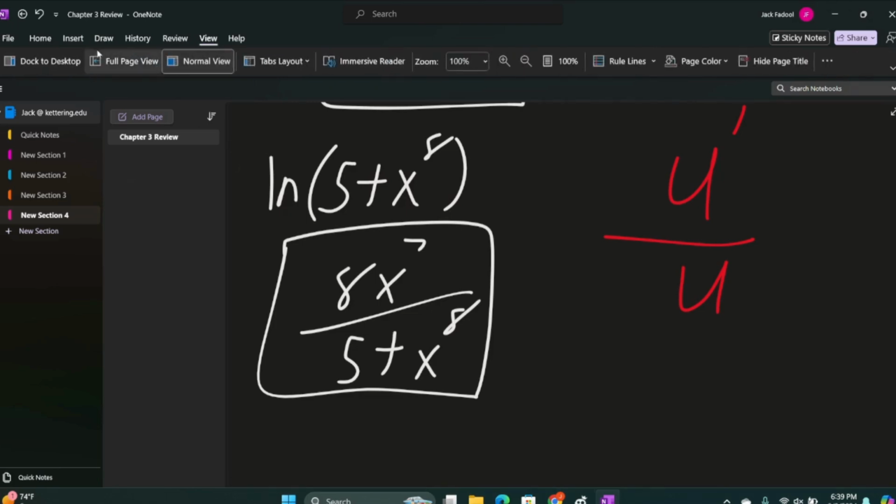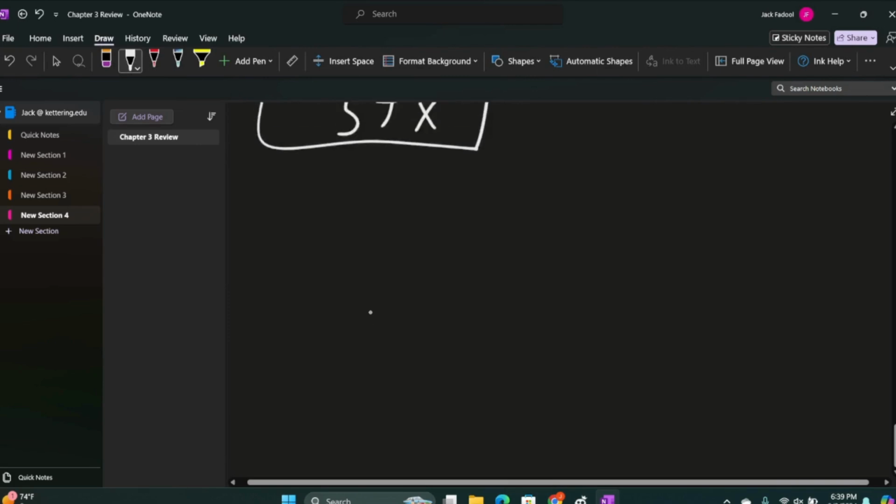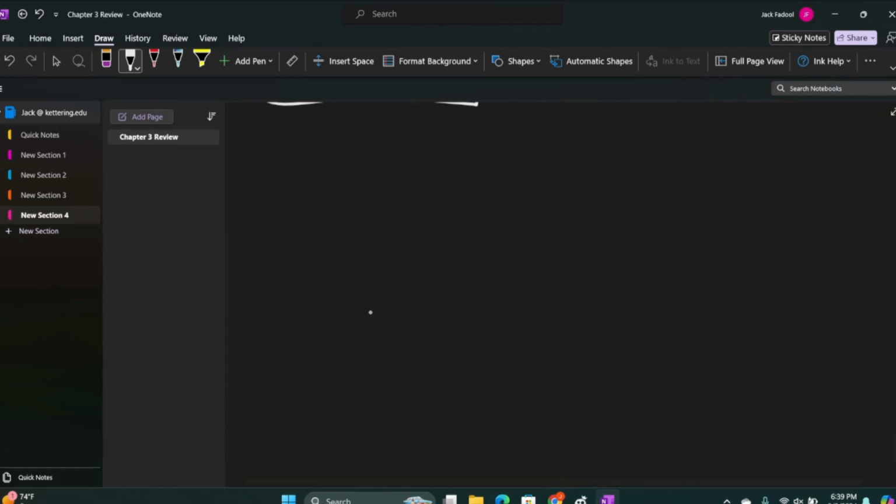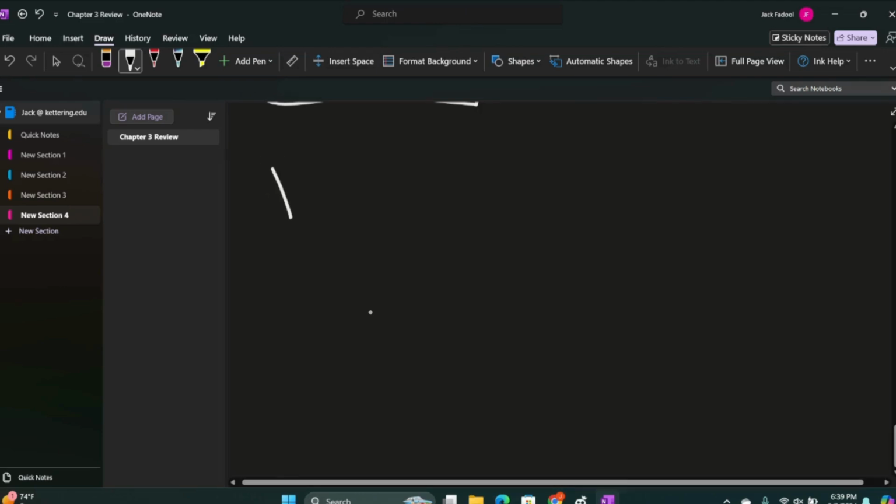And then we'll move on to our last one. It's going to be a trig function, and we will be receiving a little cheat sheet for this test with all the derivatives of arctan, arcsine, and arccosine. So this one, x arctan of x. So we will have to use product rule.